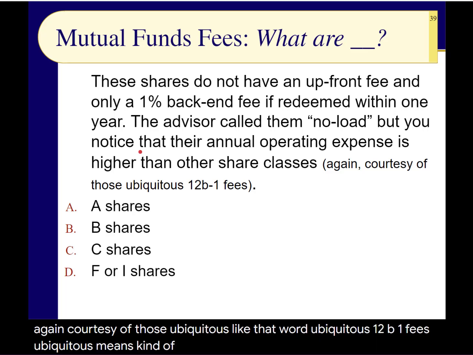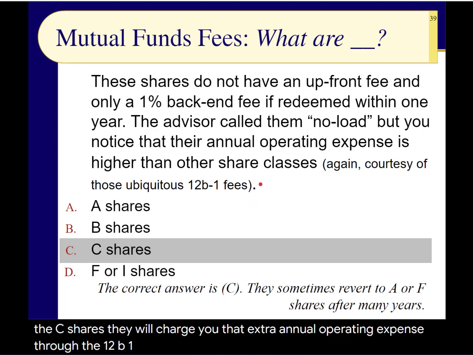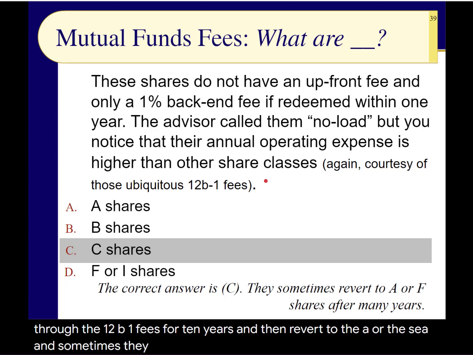Ubiquitous means kind of like they're everywhere. A, B, C, or F shares? Right, the C shares. They will charge you that extra annual operating expense through the 12B1 fees for 10 years and then revert to the A or the C, and sometimes they don't revert.